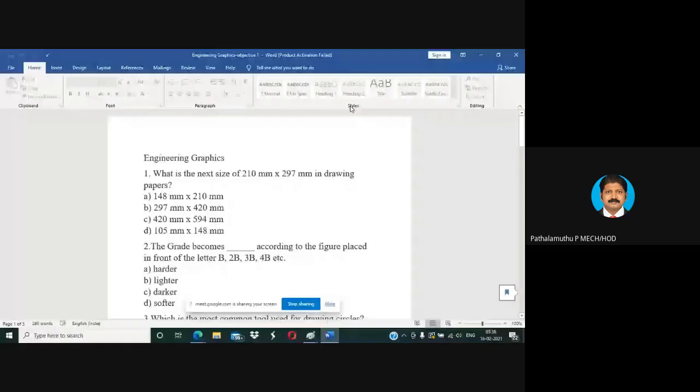The first question: what is the next size of 210 millimeter into 297 millimeter in drawing papers? Four options are given.